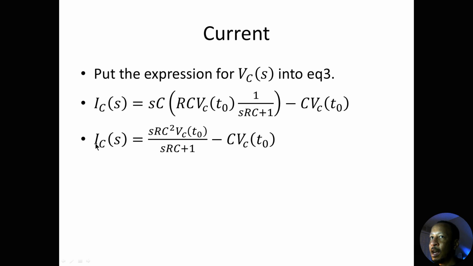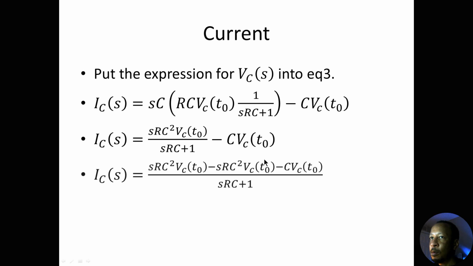And then now I have IC of S equals SRC squared VC of t sub 0 divided by SRC plus 1 minus C VC of t sub 0.